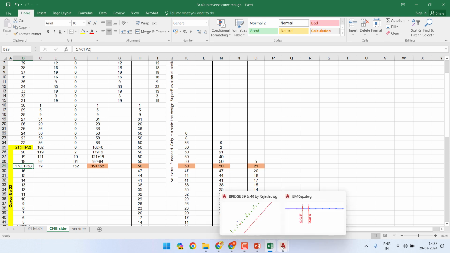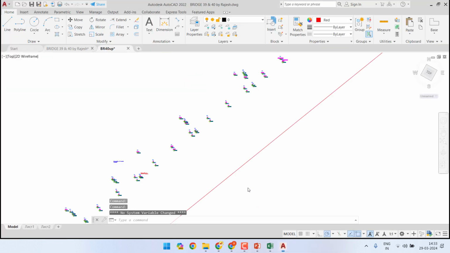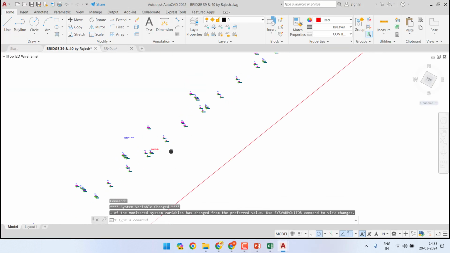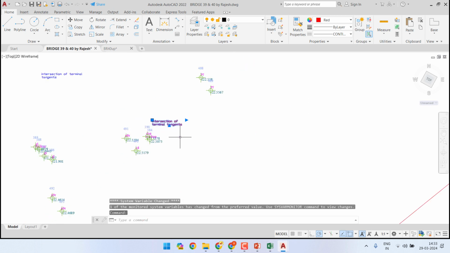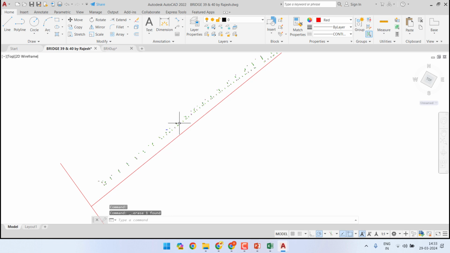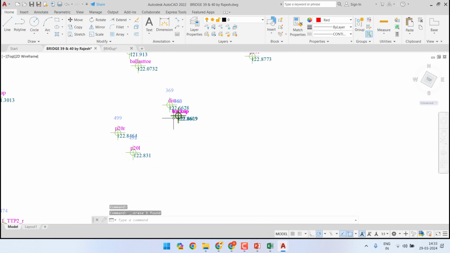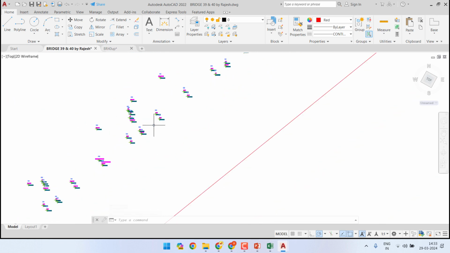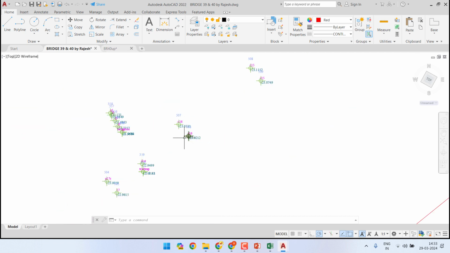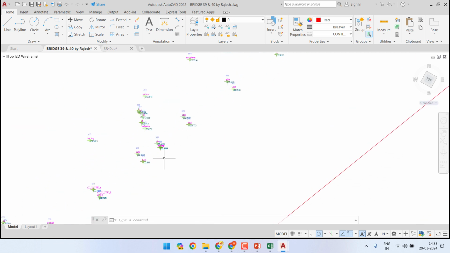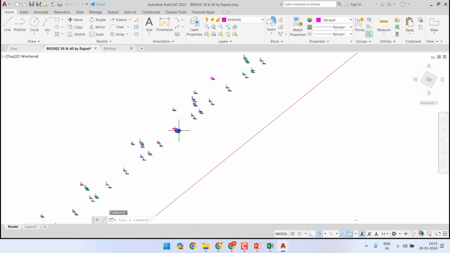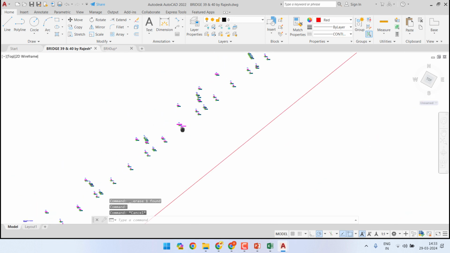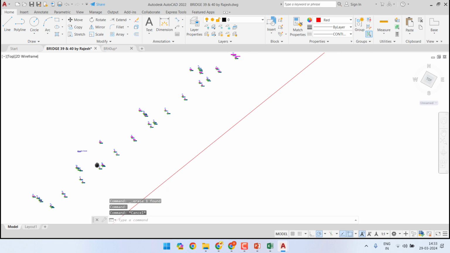So basically what had happened was that, as per previous data, and the same will be found in this data also, this terminal tangent that we had, 16, 17, 18, 19, TTP2. So this is TTP2 here. Our reverse curve ends here, and then it is supposed to be straight.